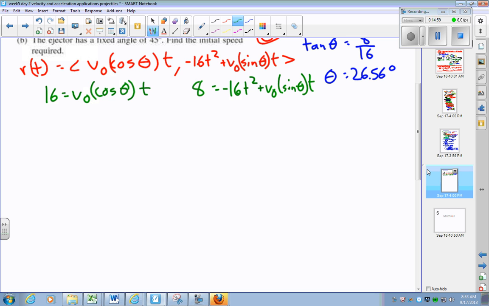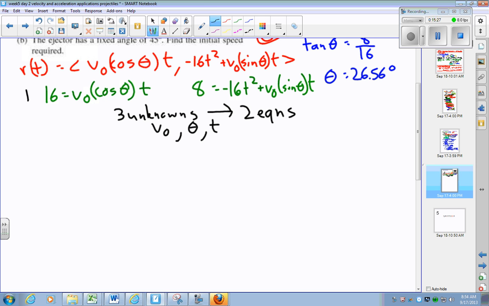Now, let's see. How many unknowns do I have right now? Okay, let's look at this. Kind of interesting because it's a little bit different. 3 unknowns: v naught, theta, t, and how many equations? I have 2 equations showing right now, okay?